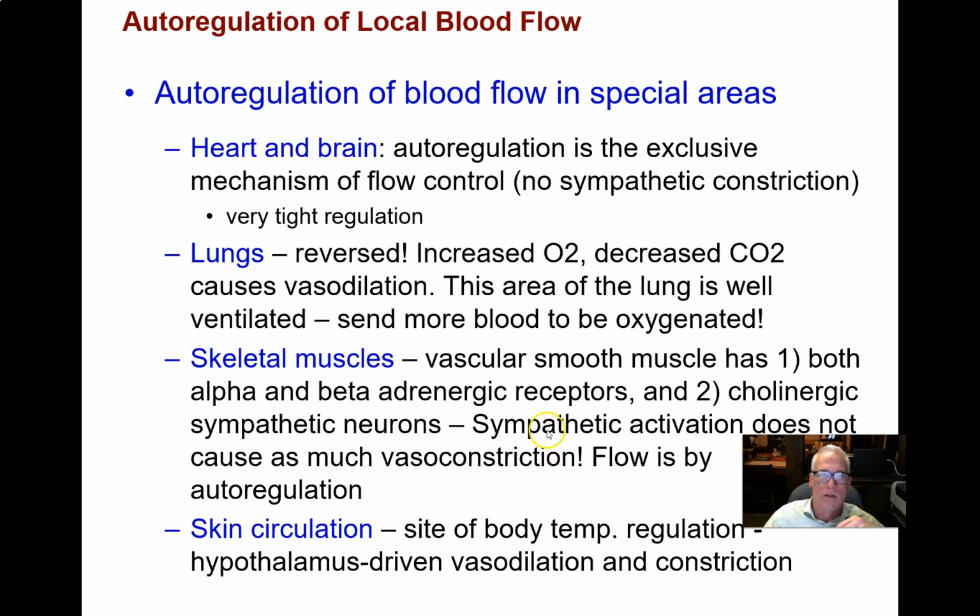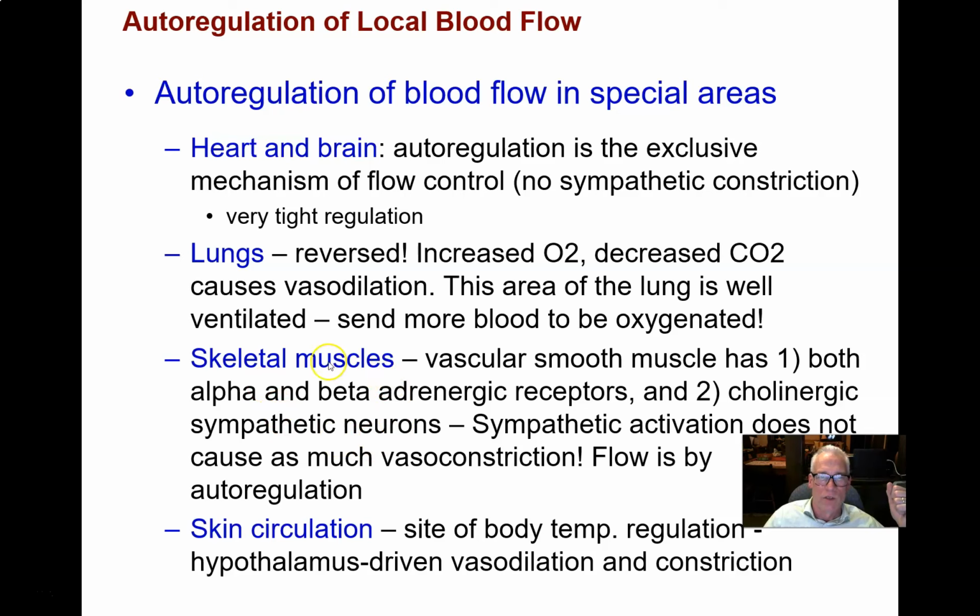Two reasons why there's less sympathetic constriction in skeletal muscles. One, there are sympathetic cholinergic neurons, meaning neurons that release acetylcholine, which tends to cause vasodilation in opposition to the alpha-1 receptors. And I guess I said these in the opposite order.